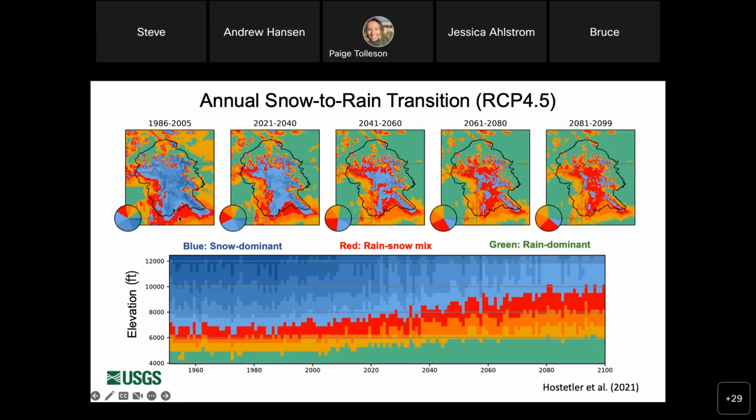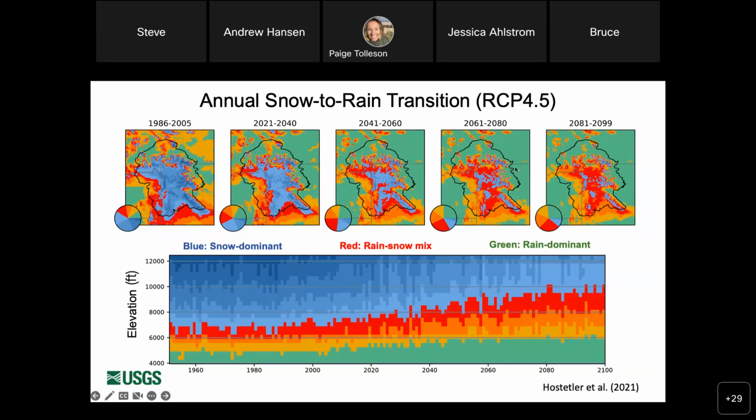The orange and the red are transition areas where snow and rain are mixed, and the green area, I'm sorry, is straight up rain. As we go through these periods from left to right, starting with the control, or present day, on the far left, you can see the shrinking areas of these various components of precip.